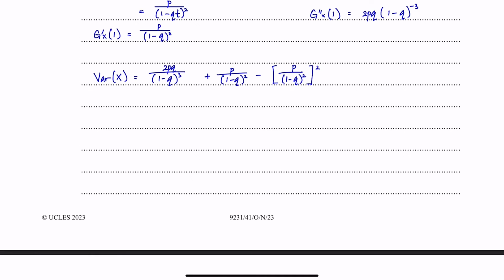We can multiply the first fraction by 1 minus q, and we multiply the second fraction by 1 minus q squared, and this would be p squared. So the denominator would be 1 minus q to the power of 4.